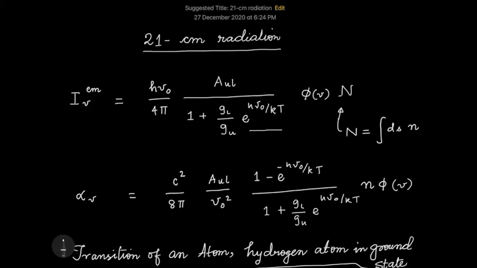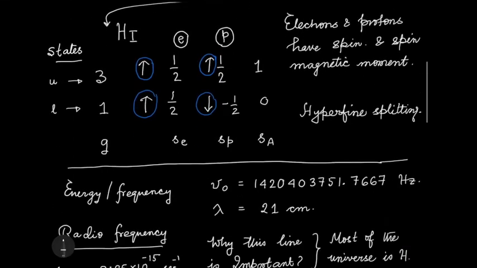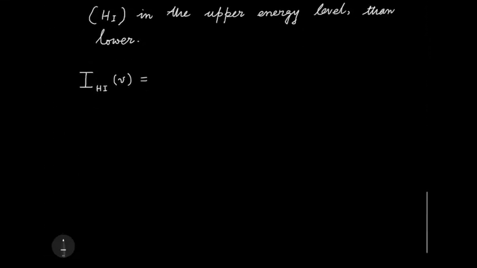So h nu naught by 4 pi A UL, whatever the value is, I have 1 plus GL by GU, and then this quantity over here for 21 centimeter just calculate to be 1. GL by GU is 1 by 3. So this quantity is 1 plus 1 by 3. So let's see what I get.